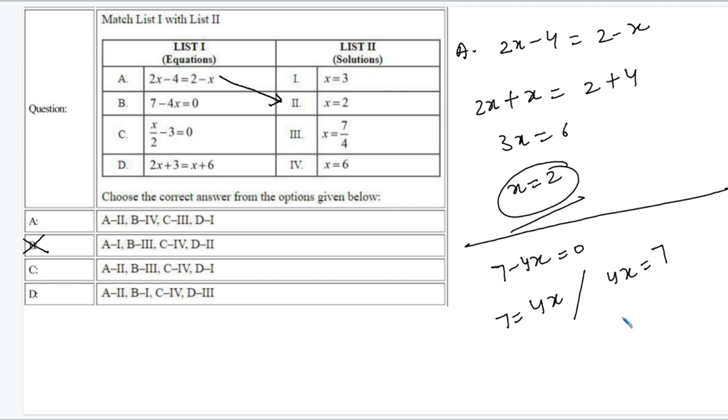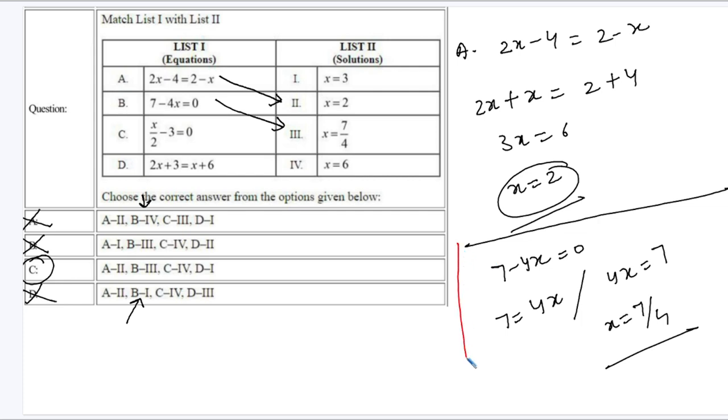Now dividing both sides by 4 will give you x is equal to 7 over 4. That means my B will match with the third one. Since B will match with the third one, answer can't be A because B is showing 4 here. Answer can't be D because B is showing 1 here. So the answer must be C. Take the help of the options as much as you can. Elimination should go simultaneously. It will reduce your calculation.